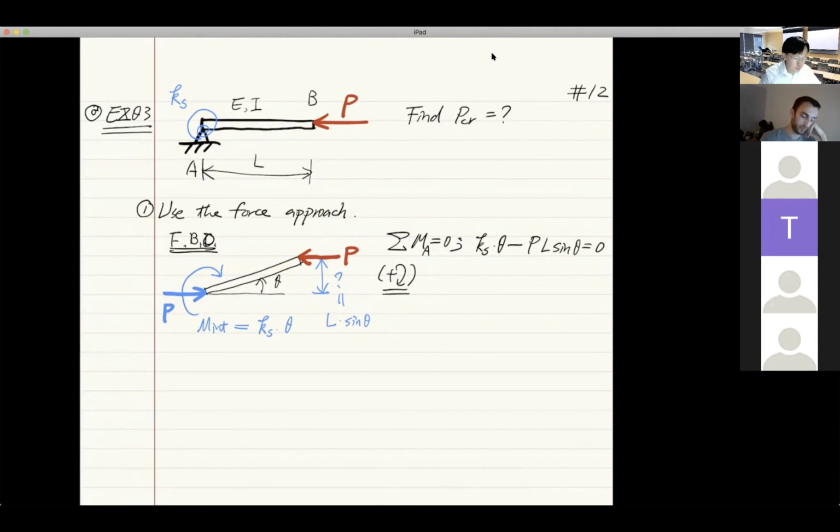Now, let's find the expression of force P. Simply, you just move the term L times sine theta from one side to the other side, and this will become P equals Ks times theta divided by L times sine theta, right? This is the result derived by rearranging terms.